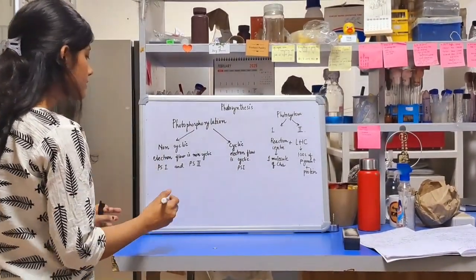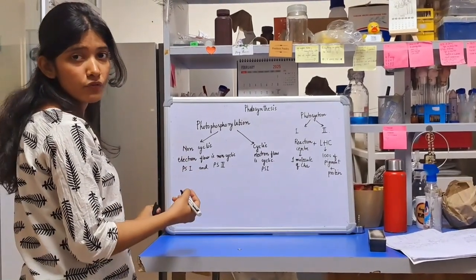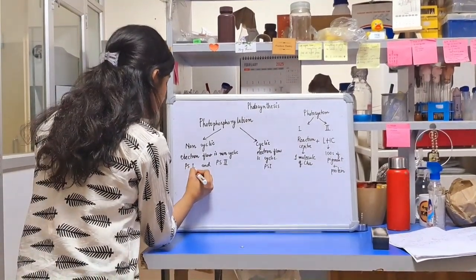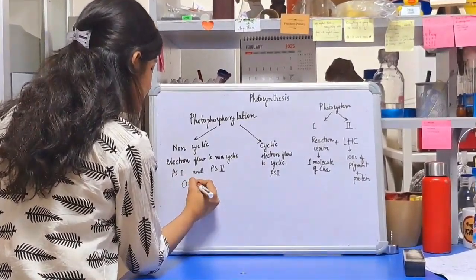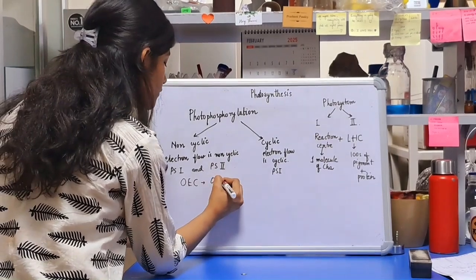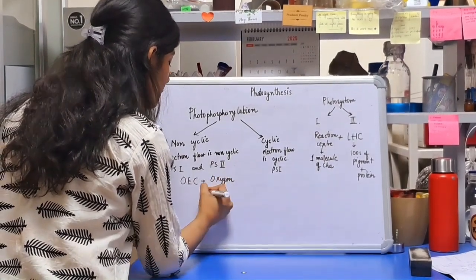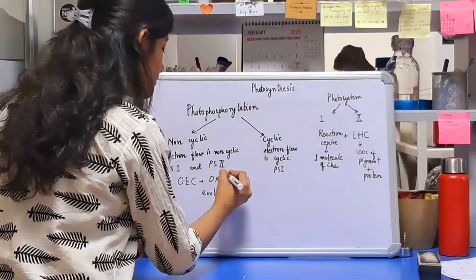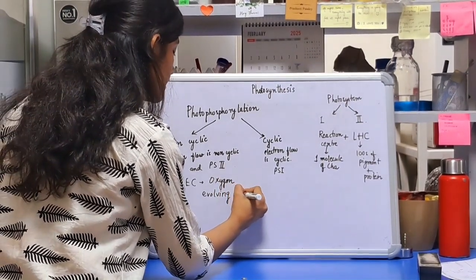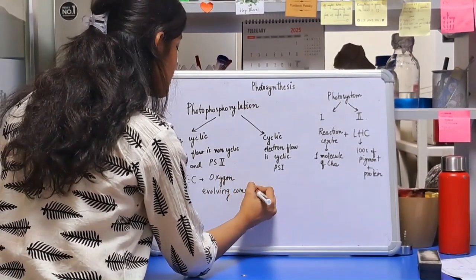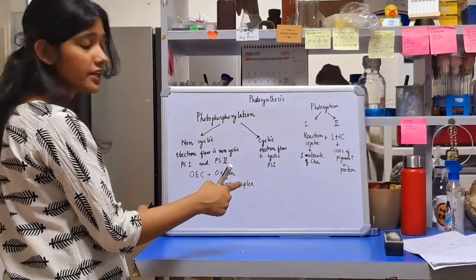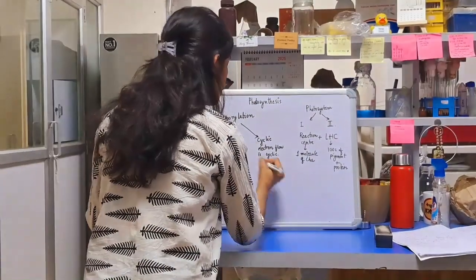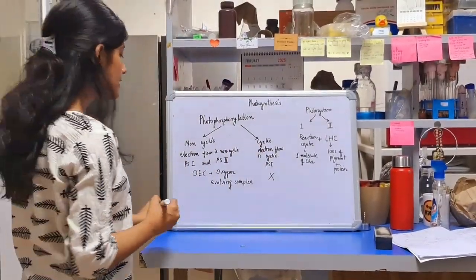Now in case of non-cyclic photophosphorylation, there is an involvement of OEEC, which is oxygen evolving complex. We will see how it will give electron in the non-cyclic photophosphorylation. But in case of cyclic photophosphorylation, there is no oxygen evolving complex.